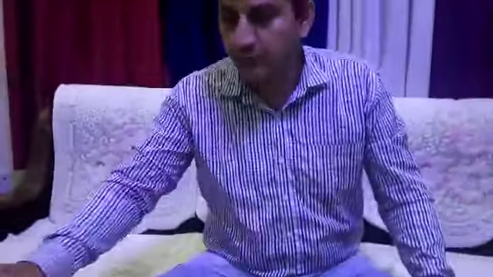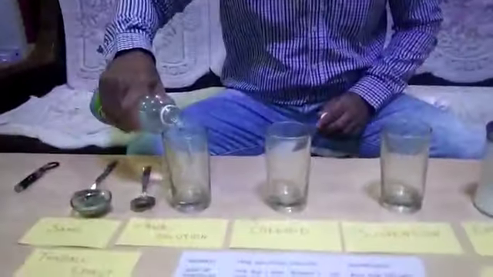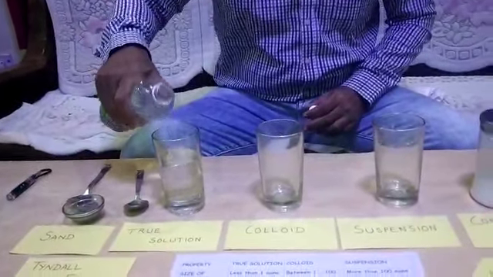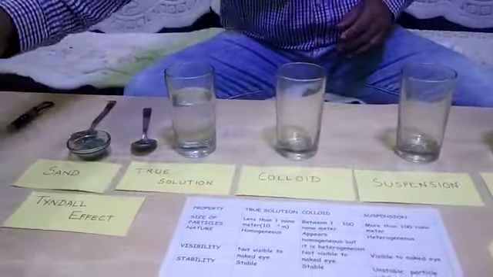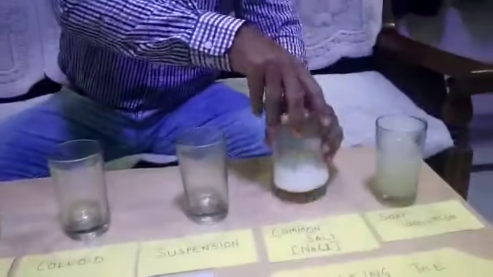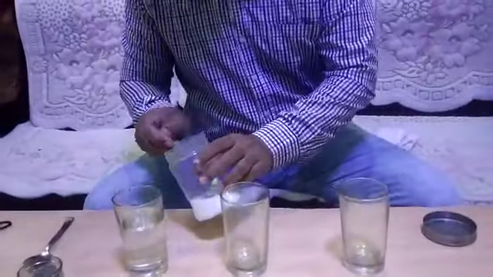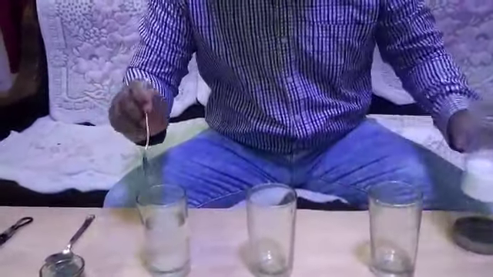First, we are going to prepare the true solution. For true solution, you take some water and add a little amount of salt into it. We take common salt and I'm going to add this common salt into this water.